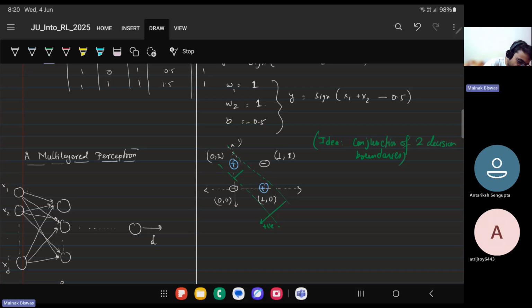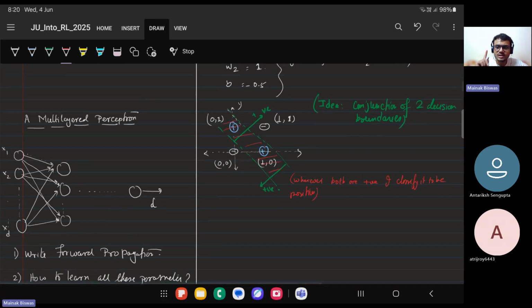And for this line, we will say this side is positive. And wherever both are positive, I classify it as positive. Is this clear? This is what I have to do: divide it into two tasks.